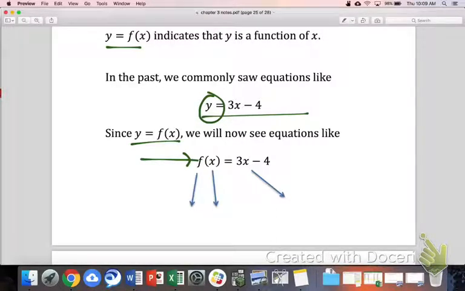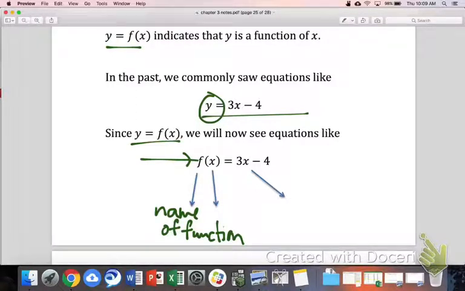So let's talk about these parts and see what we can do with them. So the f in here, the f is simply the name of the function. f is the name of the function. We could have other functions named g of x, h of x, n of x, p of x, y of x.